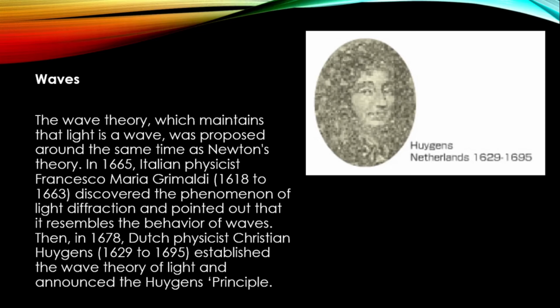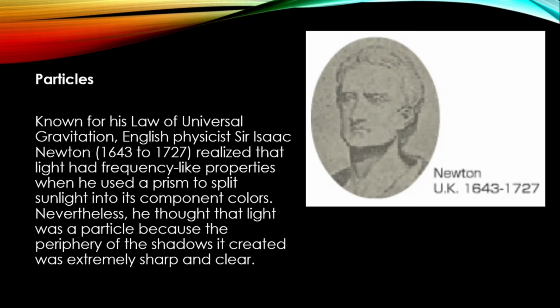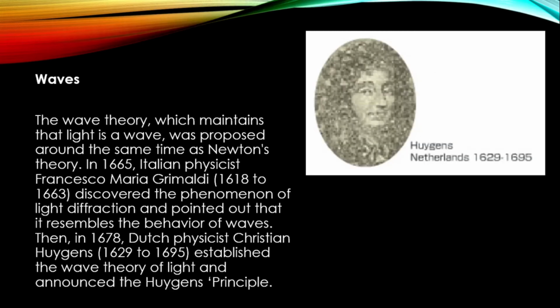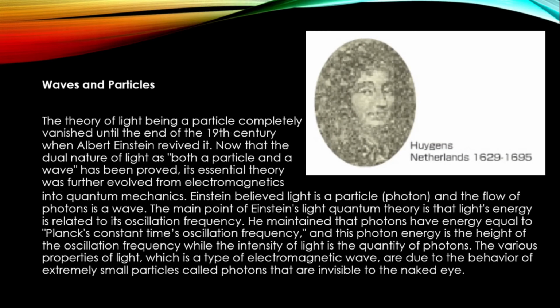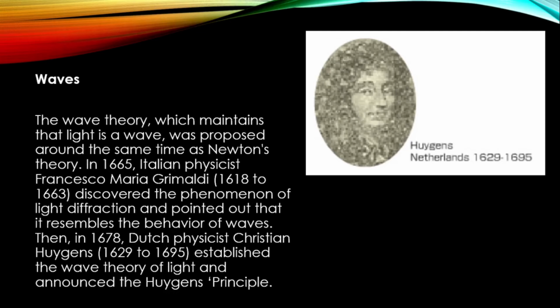So, contradicting Newton's theory, Grimaldi states that instead of particles, light is a wave. Then in 1678, a Dutch physicist, Christian Huygens, from the Netherlands, established the wave theory of light and announced Huygens' principle.